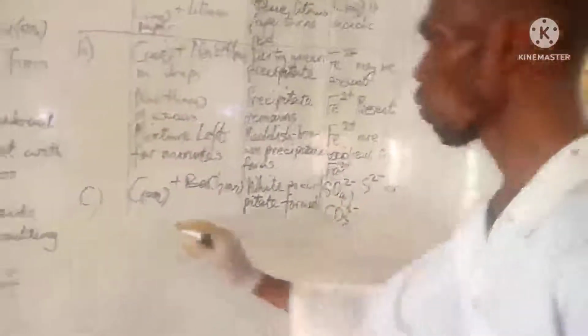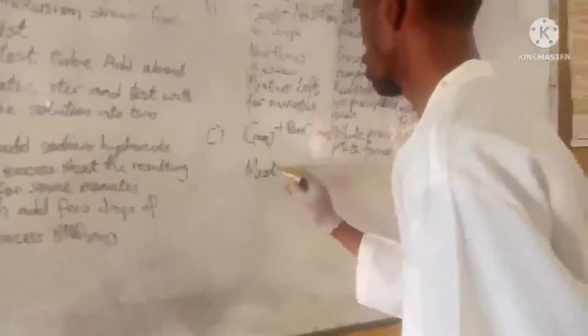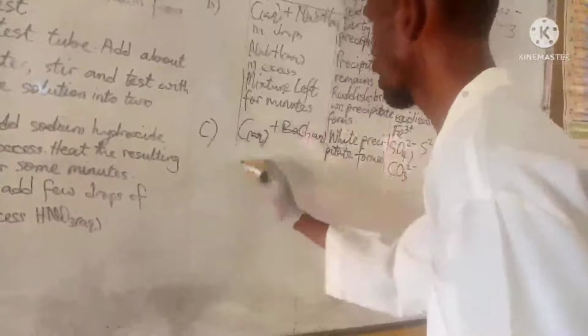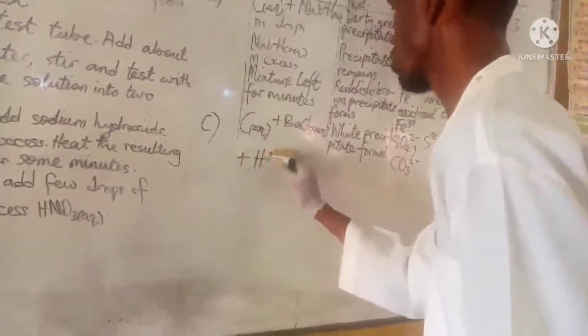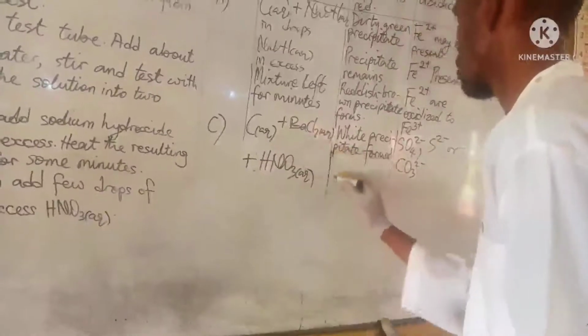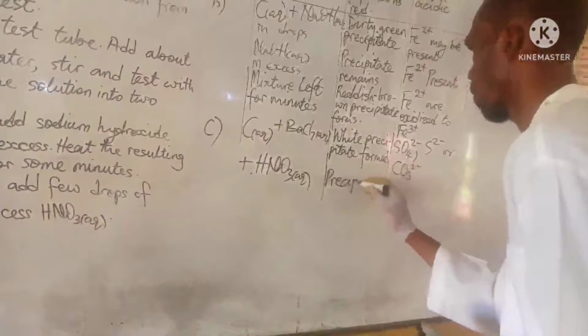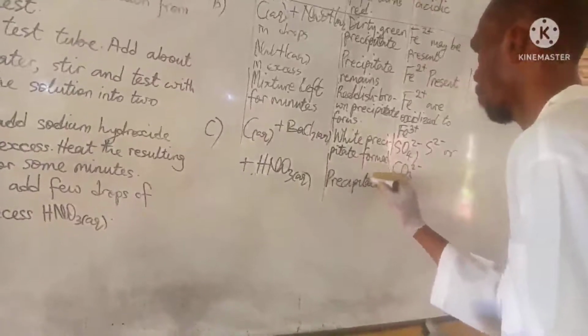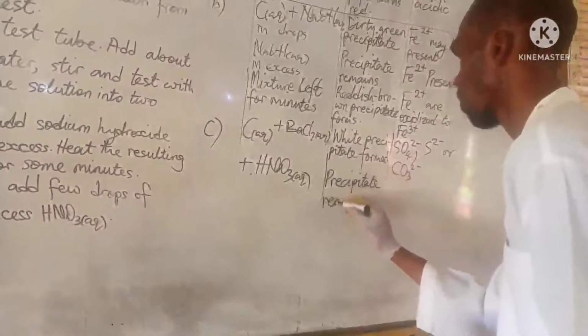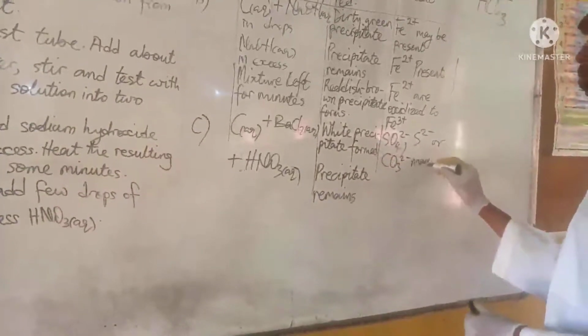He's always soluble. So when you now say mixture, or just write plus HNO3 rather, you write precipitate remains. So here, the sulfate may be present, okay?